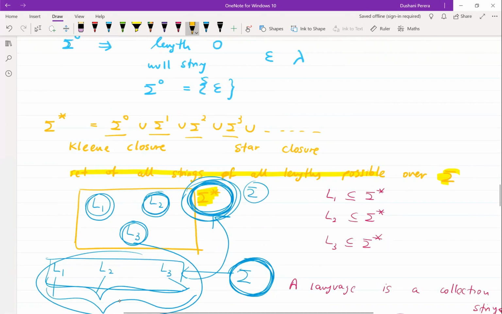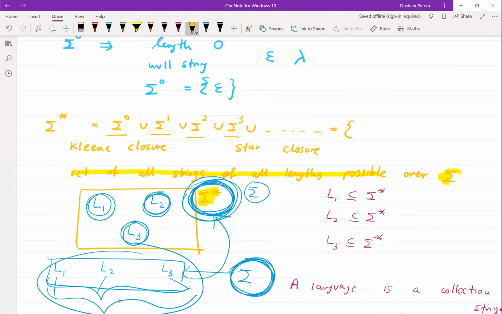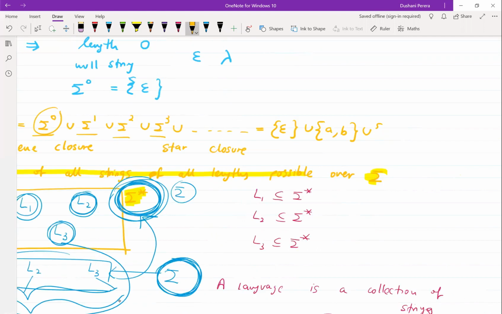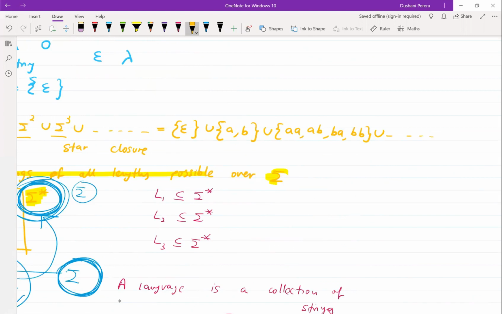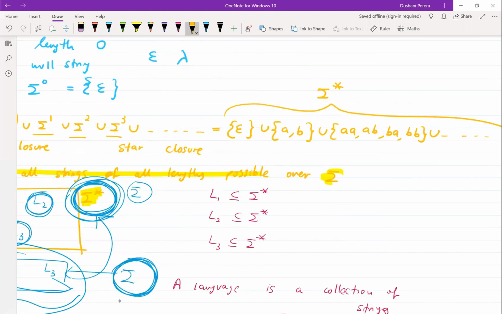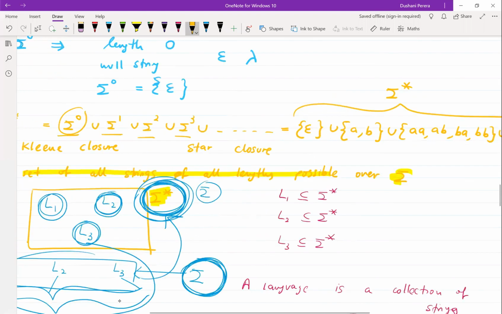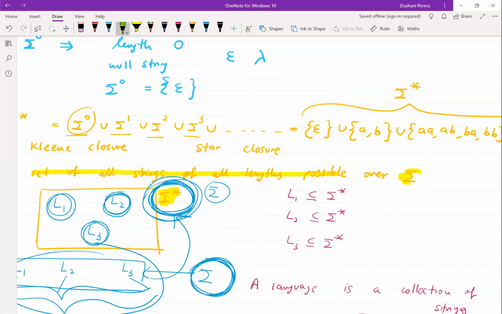If we symbolize this using characters, sigma to the power of 0 is the null string, union sigma to the power of 1, which is A or B. Power of 2 means AA, AB, BA, BB. This goes on and on and on. So this entire thing is sigma star. When we come to sigma plus, the positive closure, the first one gets removed. It is not there.